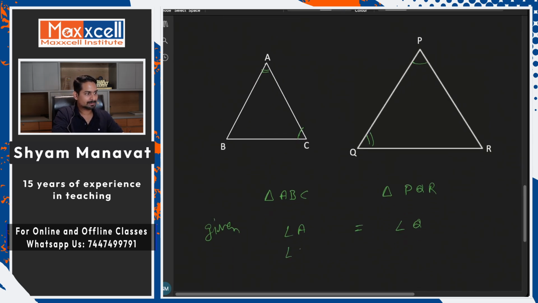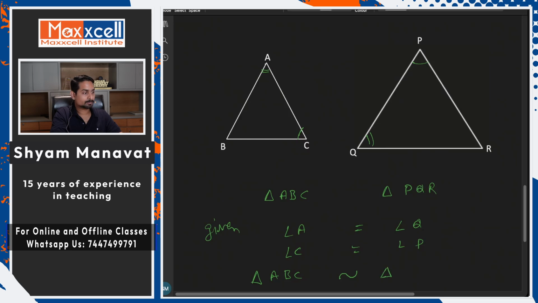So you have angle C equal to angle P. In that case, you say triangle ABC is similar, this is the sign of similarity. Sorry for my handwriting. This is the similarity sign. That is similar to triangle what will we write?